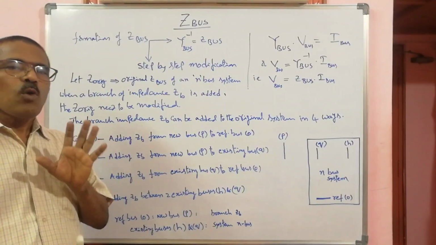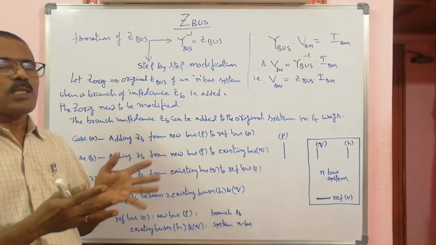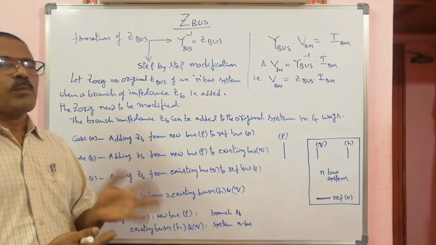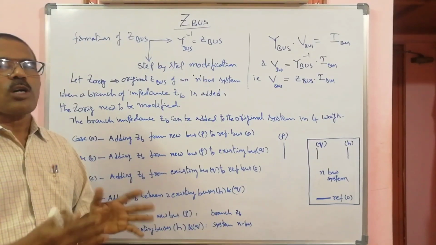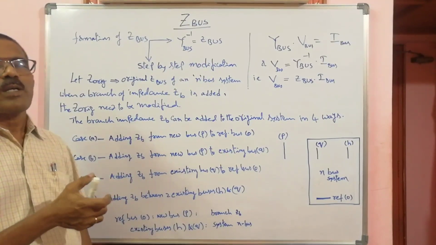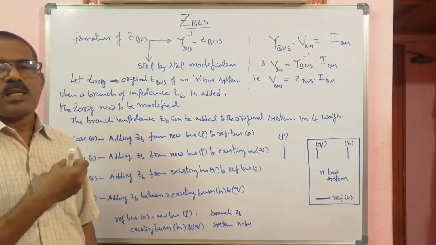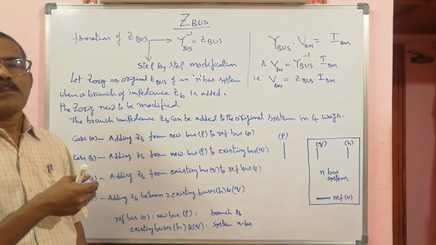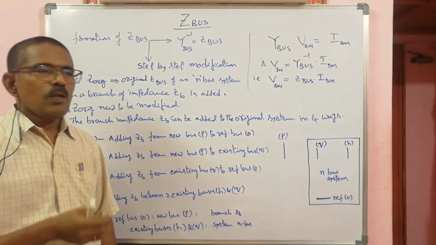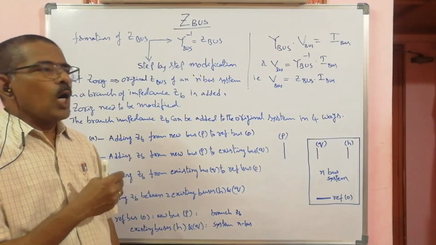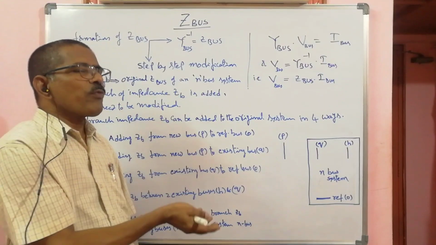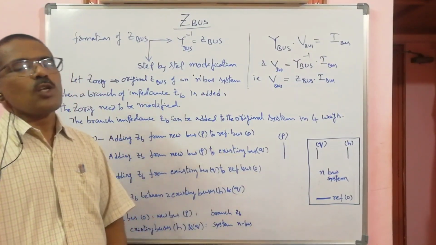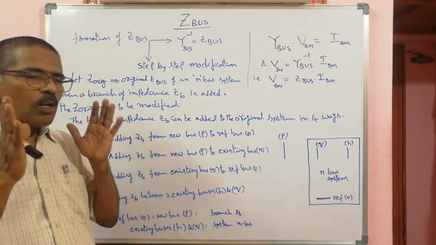So Y bus is more sparse. That means in Y bus in general, if you take a 16 bus system or 33 bus system and so on, the non-zero elements of Y bus are very limited, maybe 5 to 10% only. Remaining all will be zeros. Whereas in Z bus, all zero entries of Y bus become non-zero entries. So Z bus is always full.